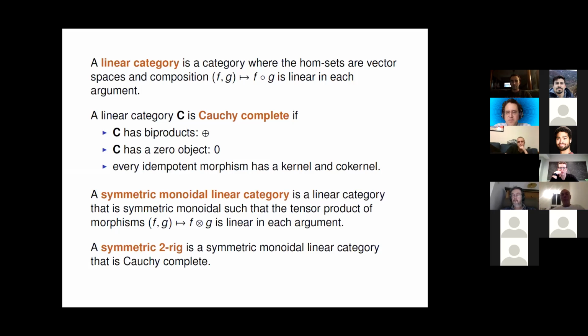And I was saying, take some vector space like C^2, tensor it with itself. That's something you can do in a tworig. You can tensor things. And then the symmetry group will act on that tensor product with itself. Well, that would happen when you have a symmetric monoidal linear category.